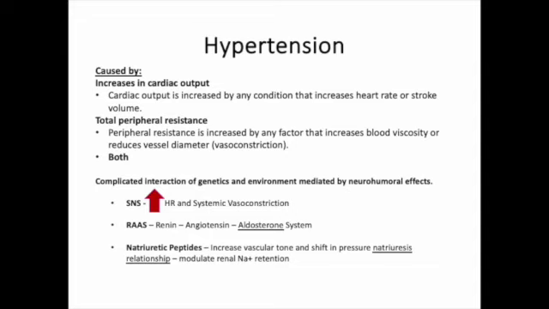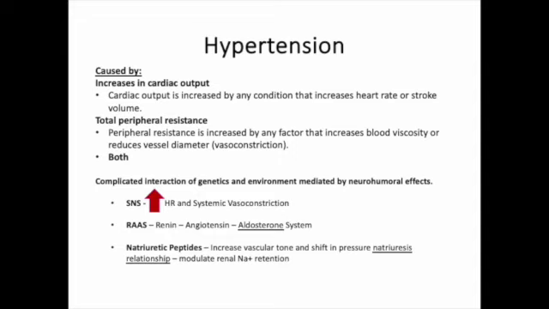Renin will be released when blood pressure drops or there's a decrease in blood flow in the kidneys. There are cells in the kidneys that are specialized to release renin into the bloodstream as a reaction to low blood pressure or low flow.